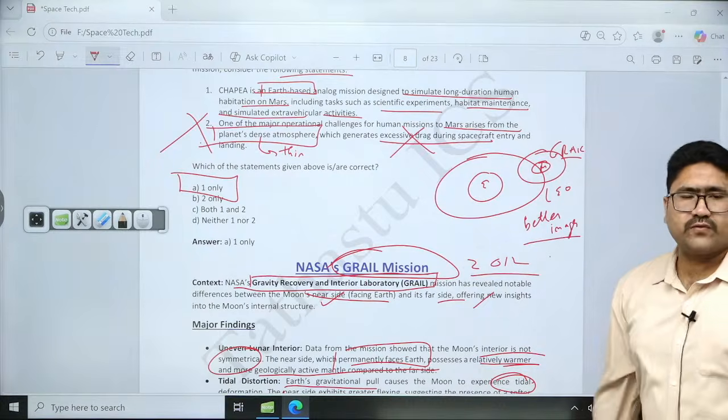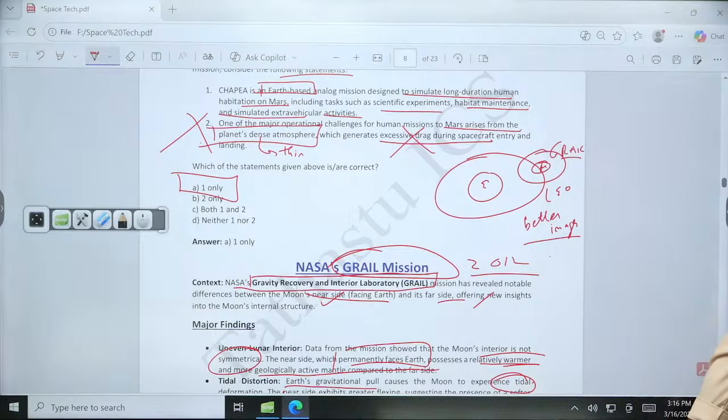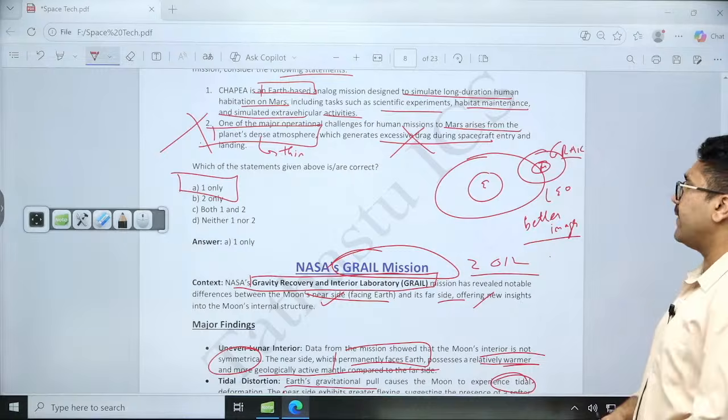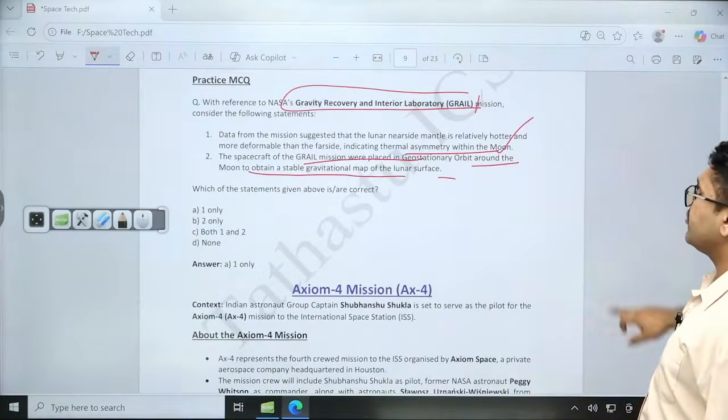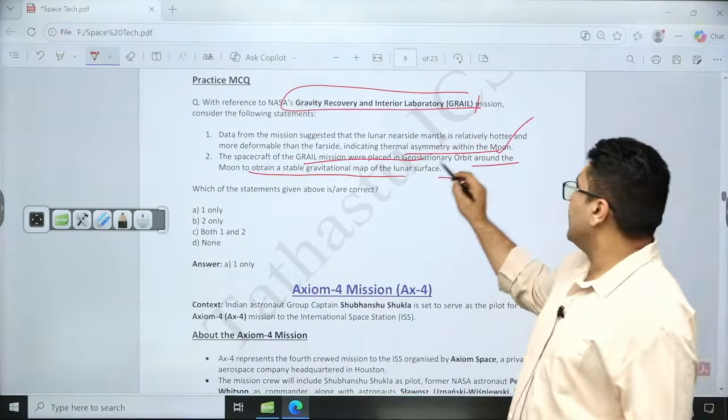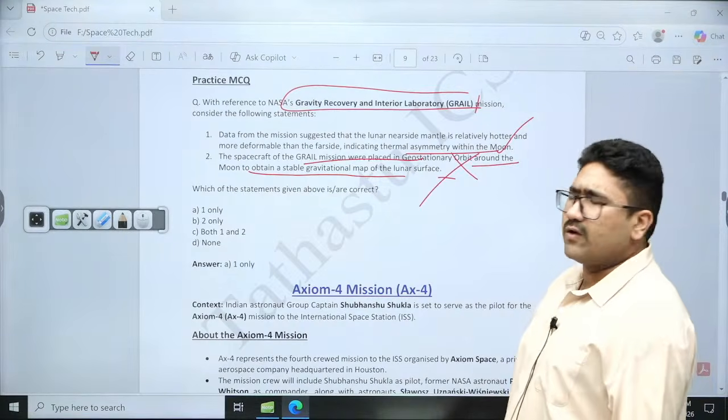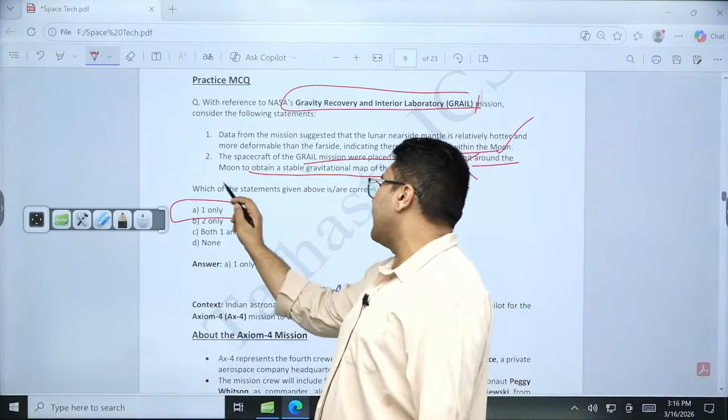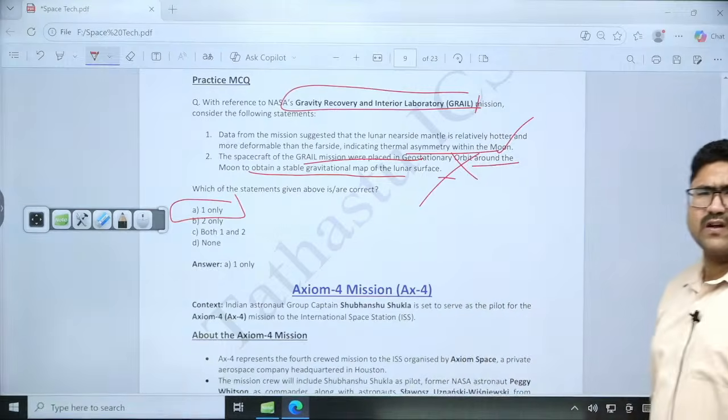Since it is observing the moon, it is a remote sensing satellite, therefore it will be placed in a lower orbit and not at the higher or geostationary orbit. Therefore, the statement that it is placed in geostationary orbit is wrong. Therefore, A only becomes the right answer.